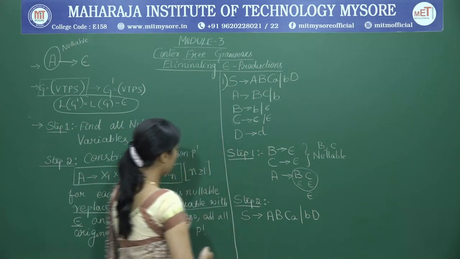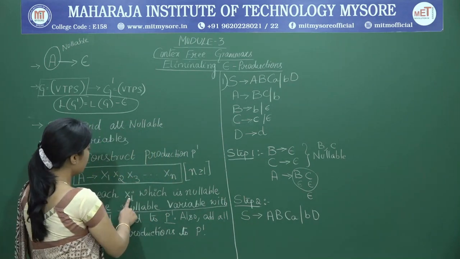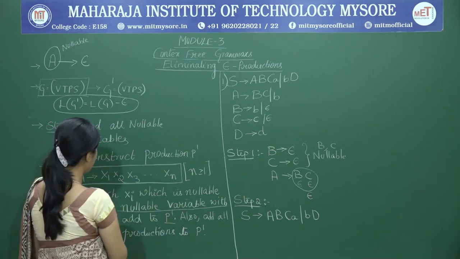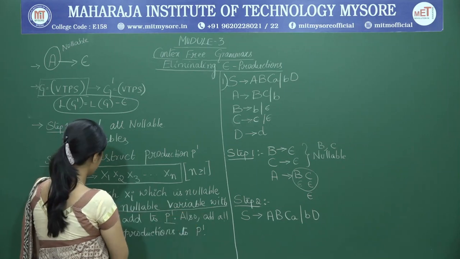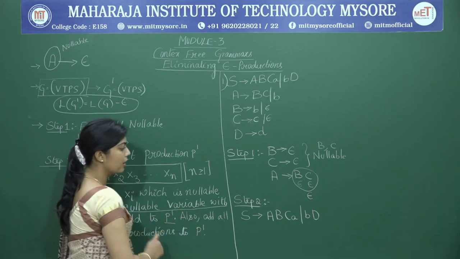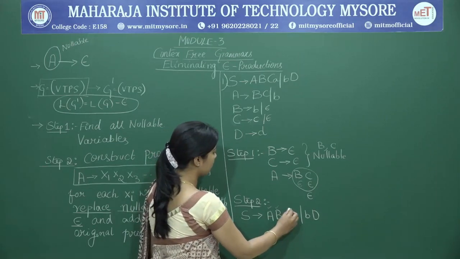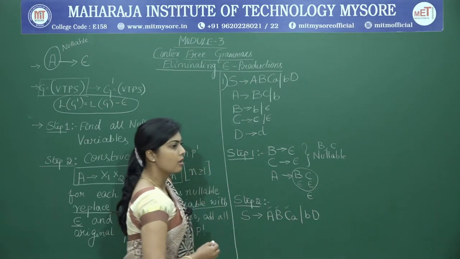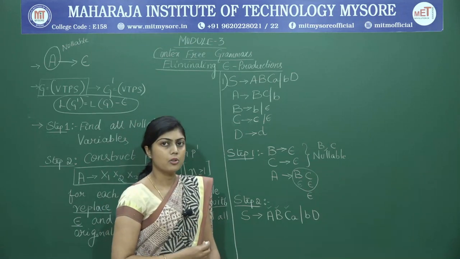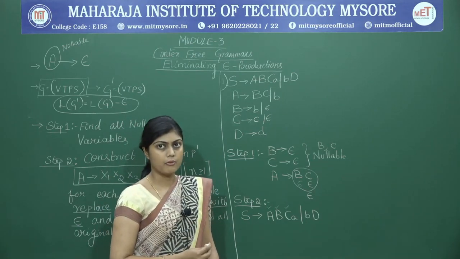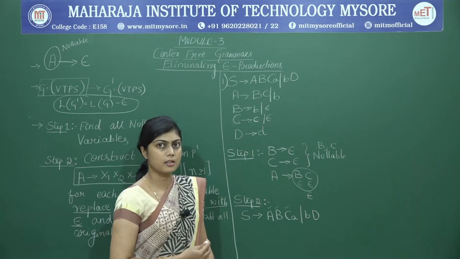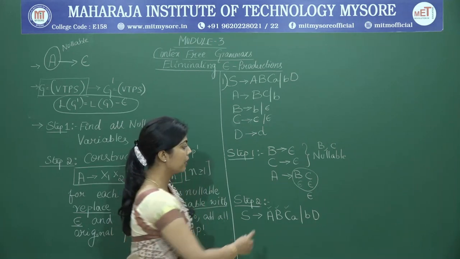So the next step to follow is identify each Xi which is nullable and replace the nullable variables with an epsilon and add it to P dash. So here A is nullable, B is nullable and C is nullable. So here we have to replace each one of them with an epsilon and write the resultant production to the P dash.